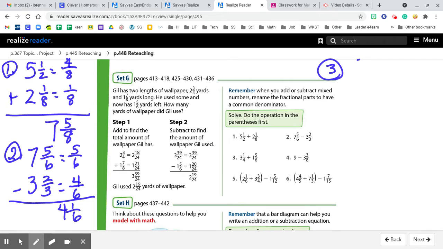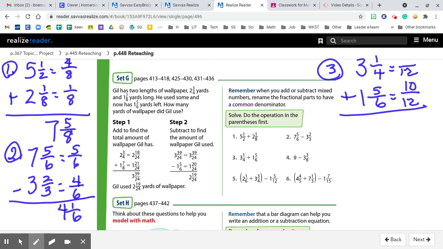For number 3, 3 1/4 plus 1 5/6. 6 and 4. I could multiply them and get 24, or I could take the bigger number 6 and start skip counting, and I know I can stop at 12. So I get smaller numbers to work with there. It's kind of a little easier. 13 over 12.